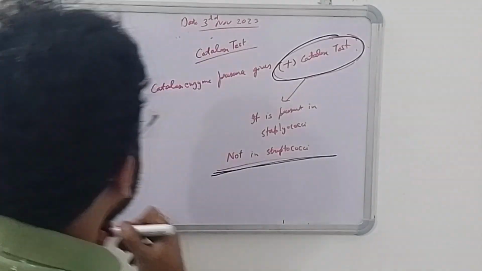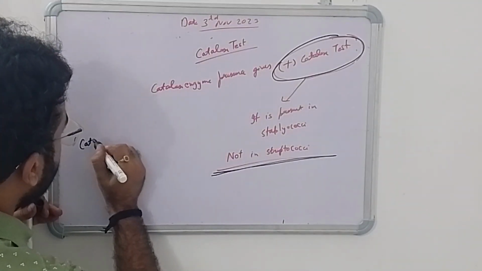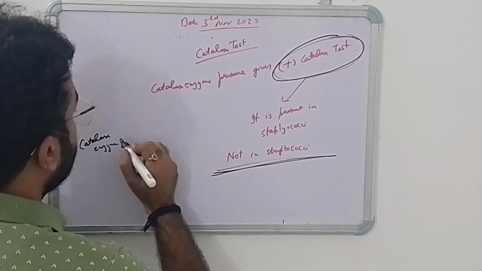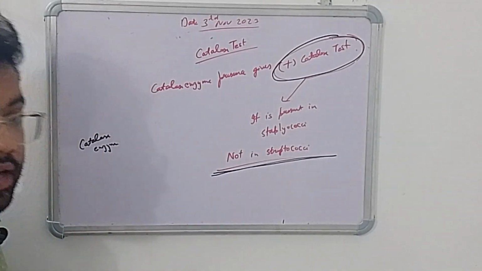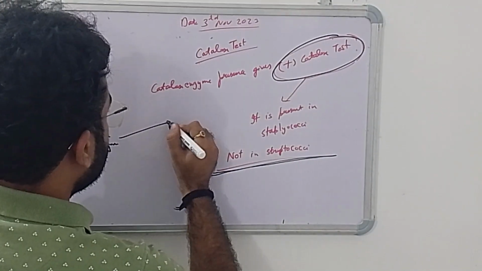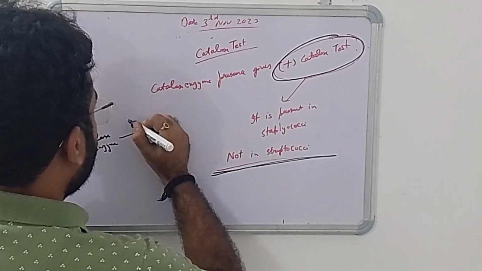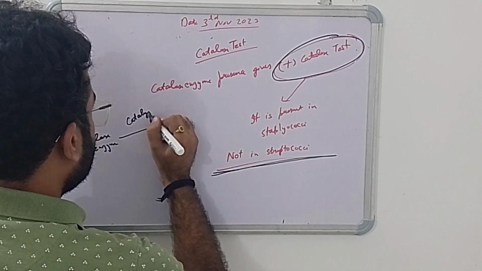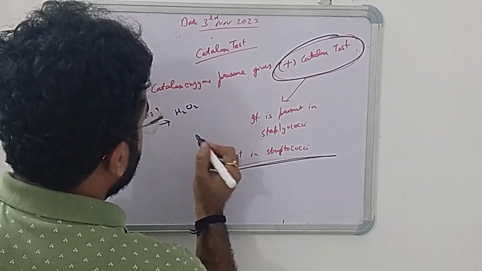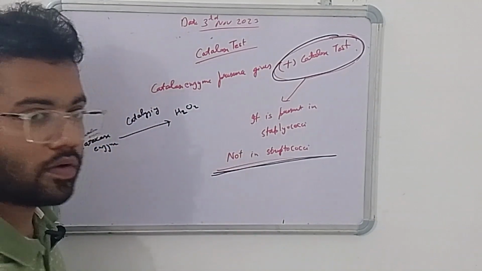So what is the catalase test? That catalase enzyme will catalyze, catalyze means break down, or you can say it destructs, a compound called H2O2. What is H2O2?